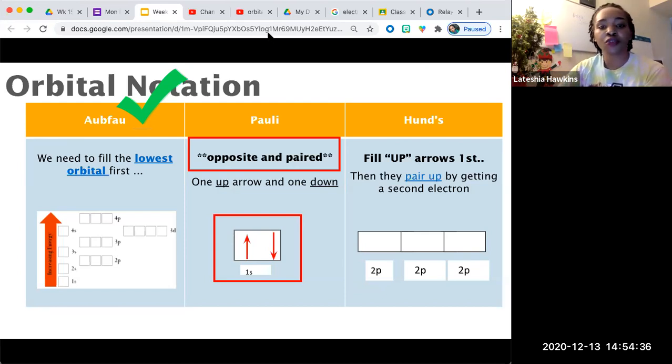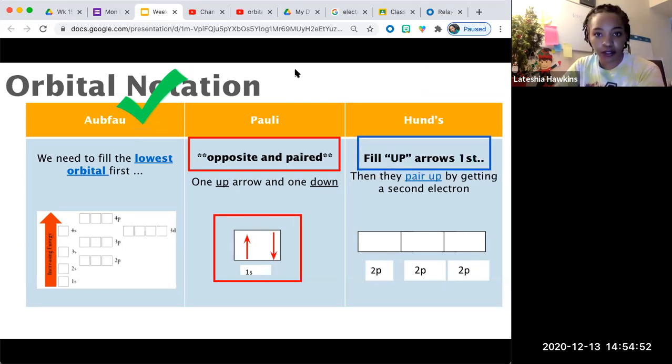And then the last rule that you must remember, Hund's rule, tells us that we like to have as many arrows with the same spin as possible. The way you apply this rule is you always fill the up arrows first.